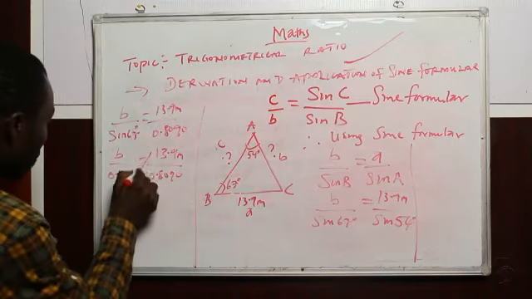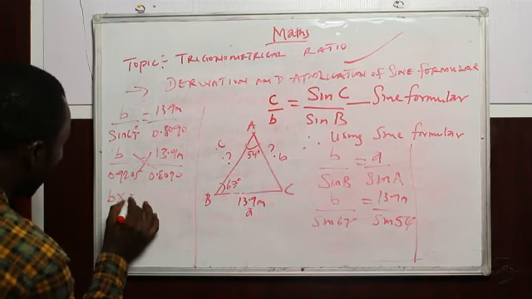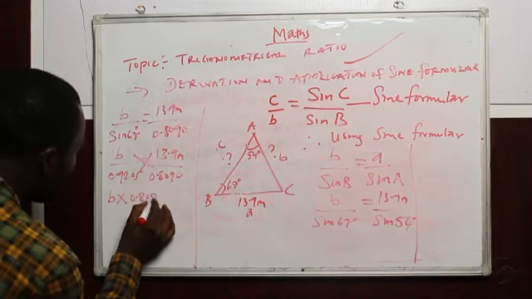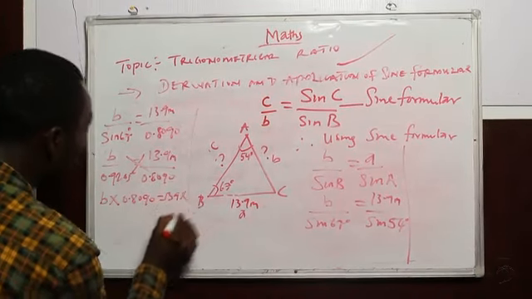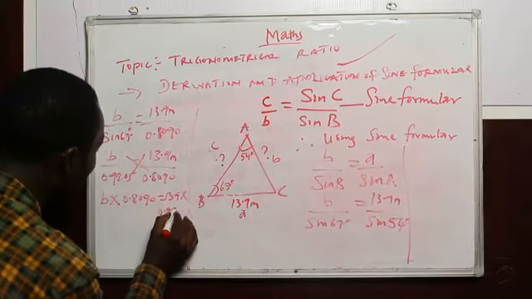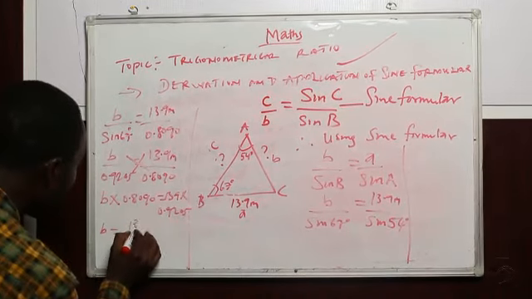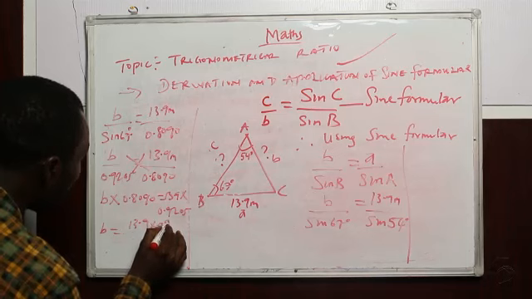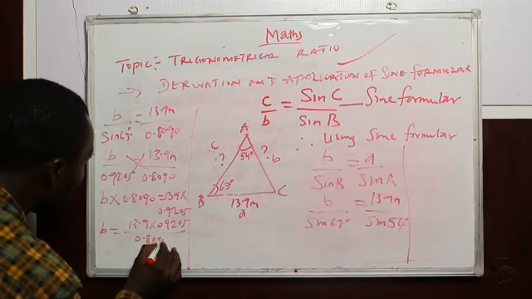How do we find b? Remember, we can cross multiply. When we cross multiply, we find b times 0.8090 equal to 13.9 times 0.9205. Then b is equal to 13.9 times 0.9205 over 0.8090.